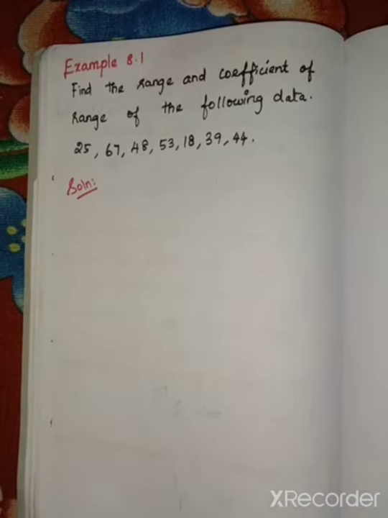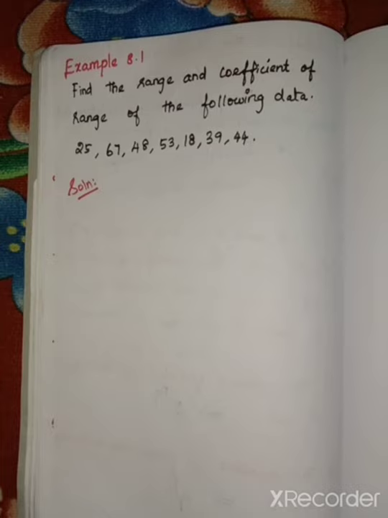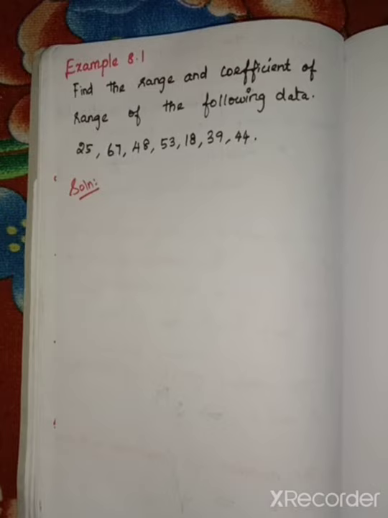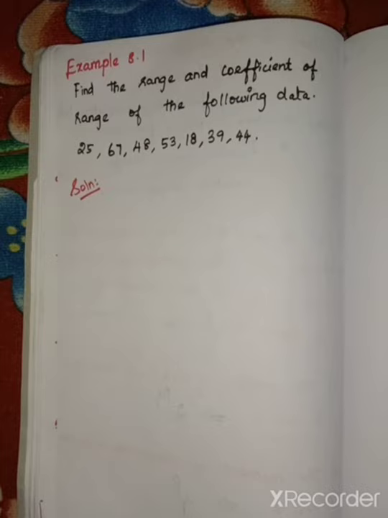Example 8.1. Find the range and the coefficient of range of the following data: 25, 67, 48, 53, 18, 39, 44. Here we want to find the range and coefficient of range. If they ask for a range, first of all we want to find the largest number and the smallest number.